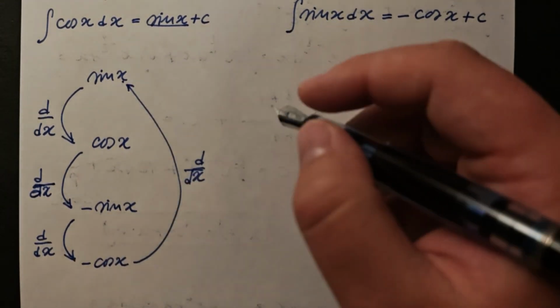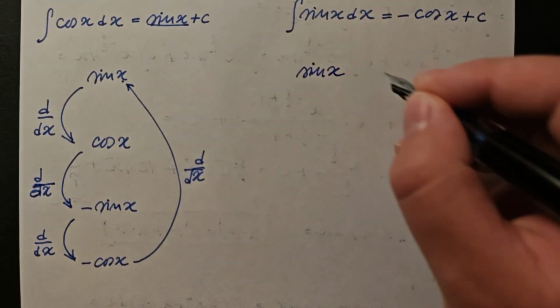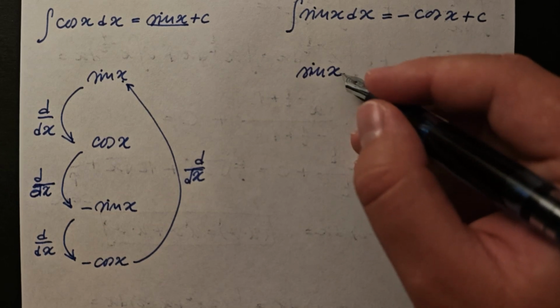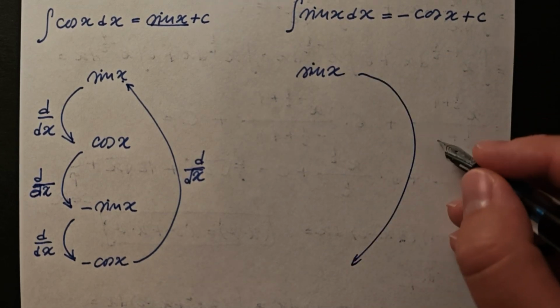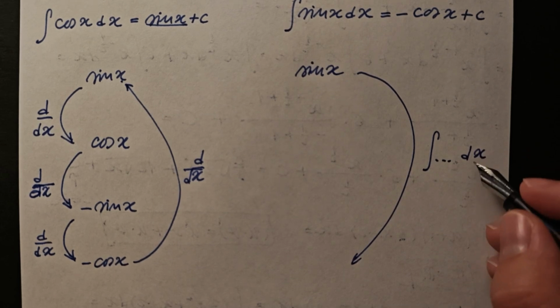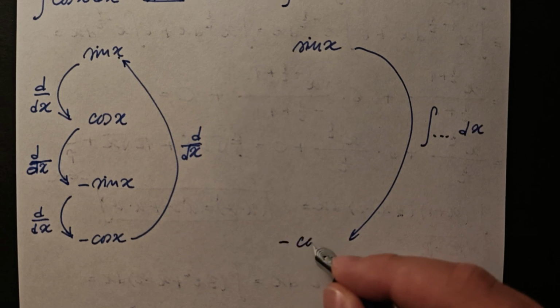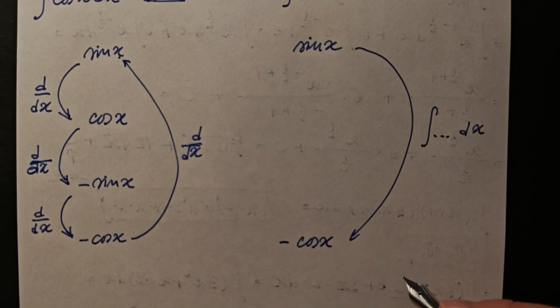So let's see what happens with integration. Let's start again with sine of x. When you integrate this sine of x with respect to the x variable, that is why you have that dx here, you will get negative cosine of x.